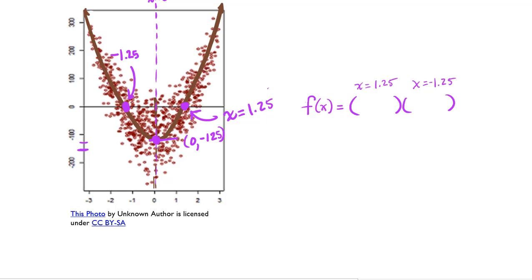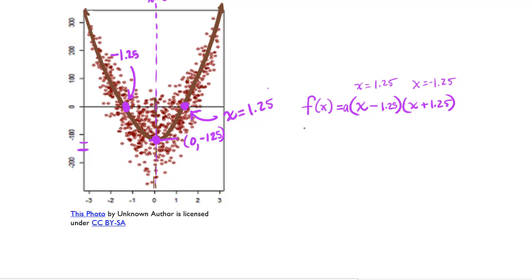We also know that the minimum, when x equals 0, y equals negative 125. So we would need to figure out what scalar would have to go in front of this to make that true. So this will be a times (x minus 1.25) and (x plus 1.25). And the scalar out front will provide us with that lowest value.